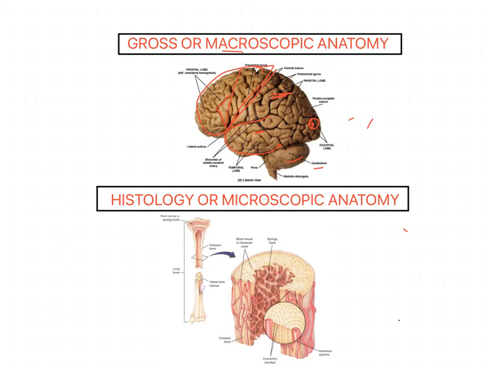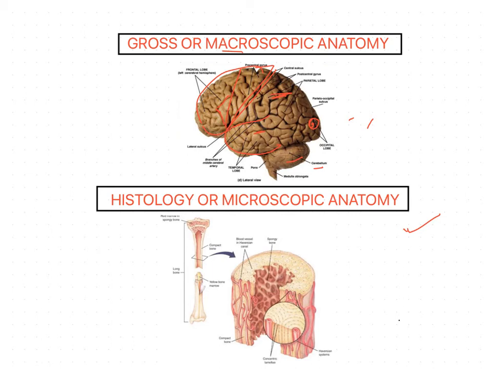That means with our naked eyes we can't see such small structures, so those can be studied only under a microscope. Such study of structures using a microscope is called microscopic anatomy.